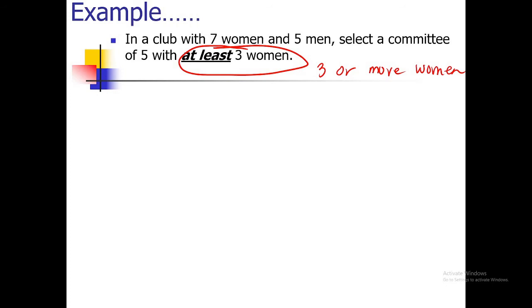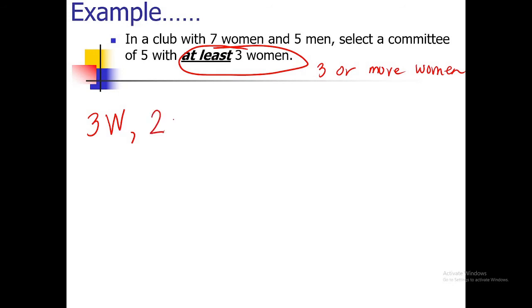Okay? So if I'm gonna start with 3 women, how many men are there in the committee, if the committee will consist of 5 members? If I start with 3 women, how many men will I get in the group of 5? 2, sir.